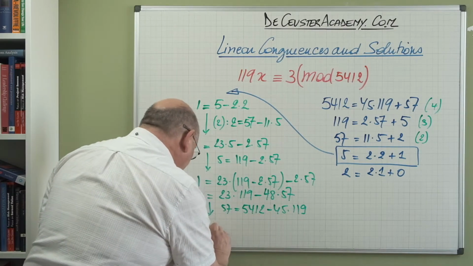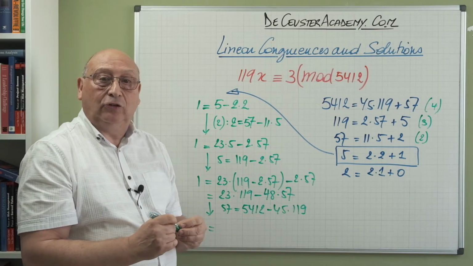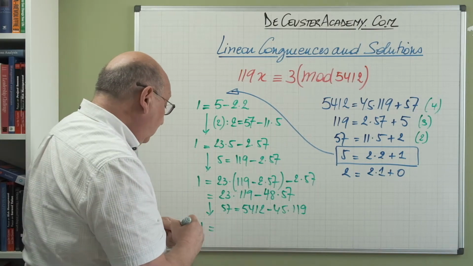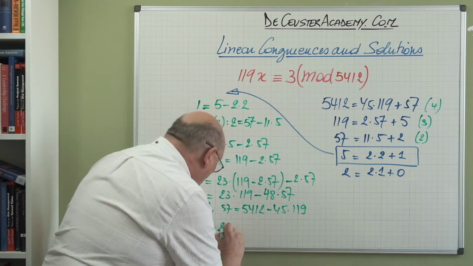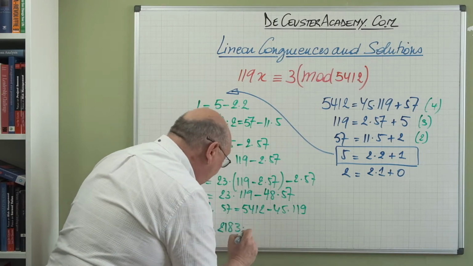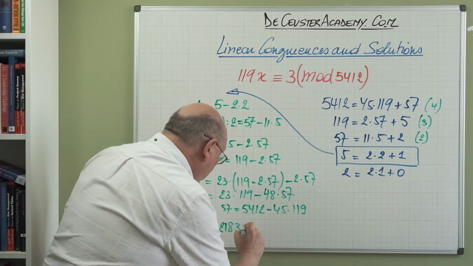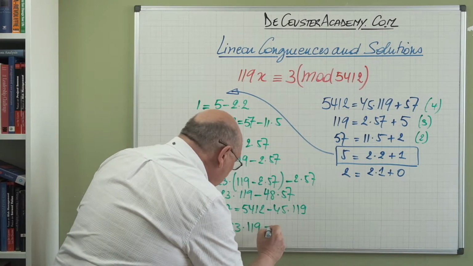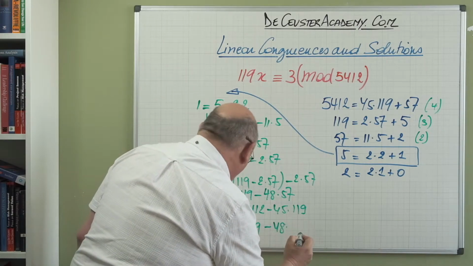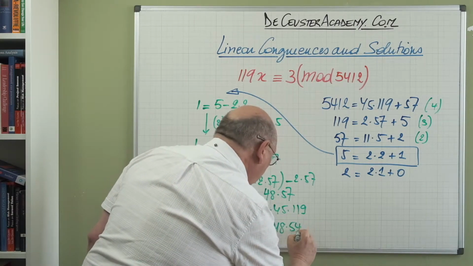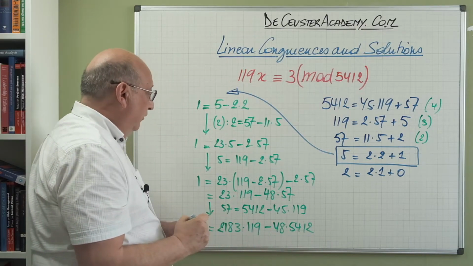And when we replace that here, and here I have to look at the board, I find a total of 2,183 times 119 minus 48 times 5,412.